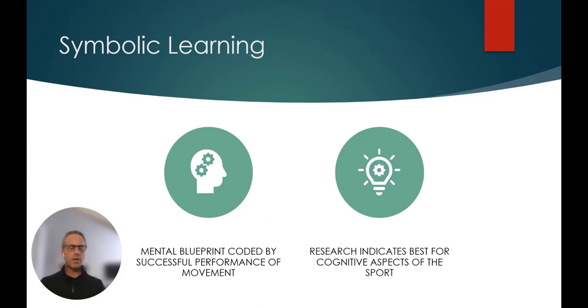Okay, the next theory that we're going to touch on here is symbolic learning. The research suggests that imagery may function as a coding system that helps us understand and acquire movement patterns. When we create these mental blueprints in our brain, it helps us to then repeat that movement over and over again successfully.